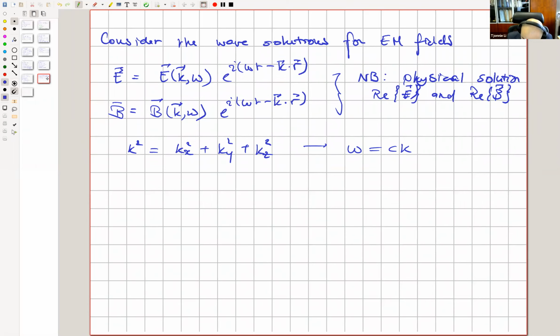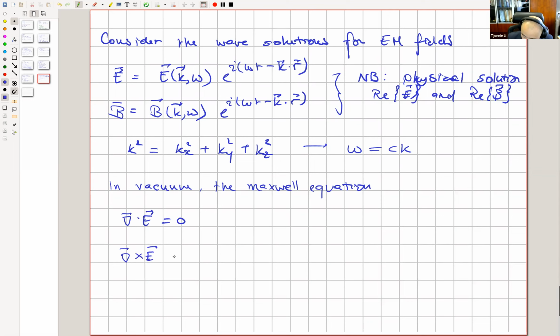So, in vacuum, of course, Maxwell's equations are given by the following. The divergence of E equals 0.